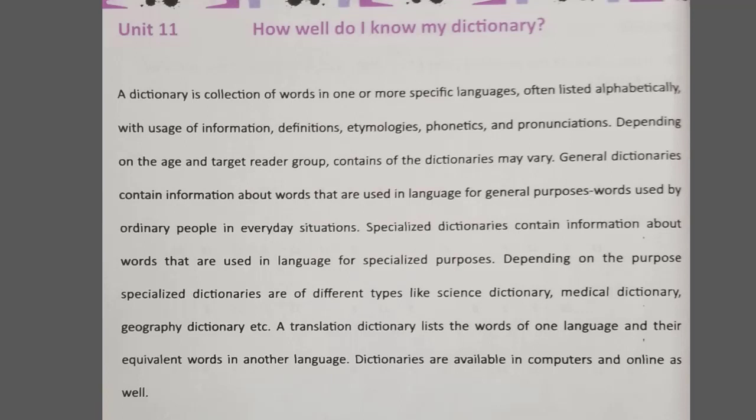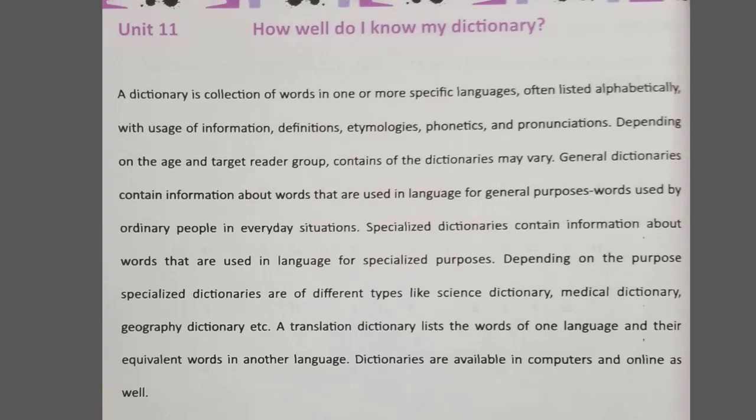Depending on the purpose, specialized dictionaries are of different types, like science dictionary, medical dictionary, geography dictionary, etc. A translation dictionary lists the words of one language and their equivalent words in another language. Dictionaries are available in computers and online as well. So you can underline equivalent as well, which means equal, right, or something that can be substituted by.